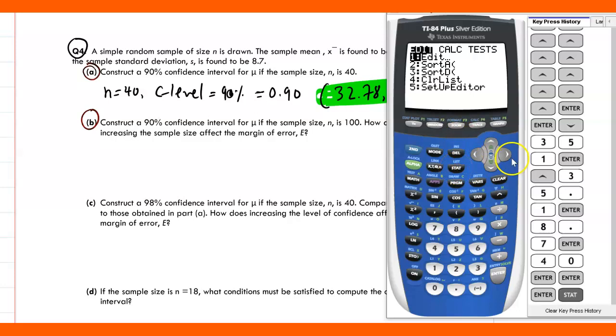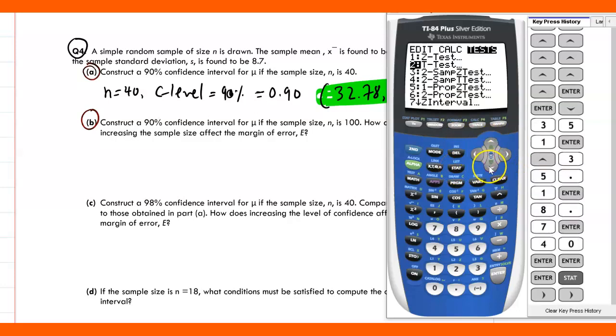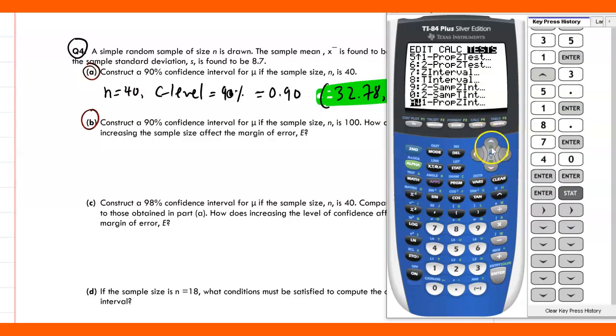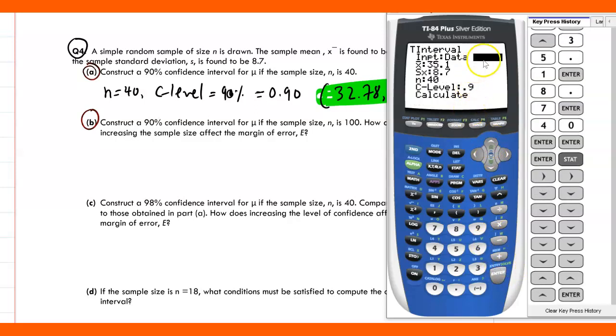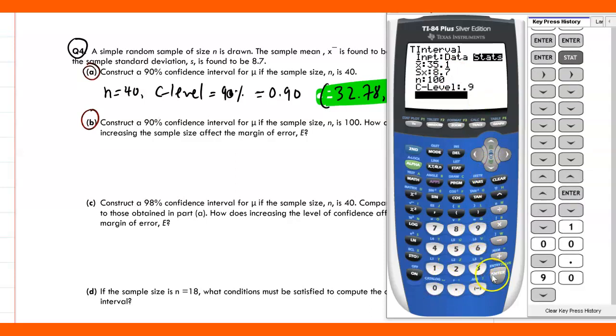Again, stat, tests, number 8, T interval, and select stats. The X bar and the sample standard deviation are already there, but you enter n as 100. Confidence level is again the same, 0.90, then calculate.